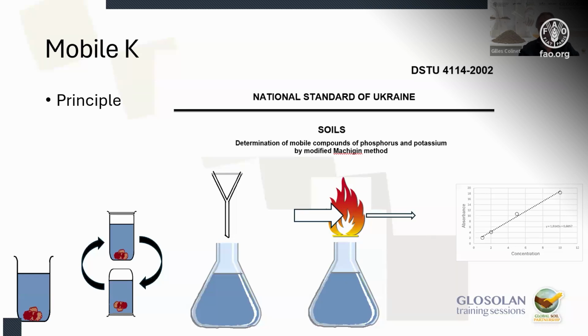And then again, you have a standard, you make a calibration line, and you can transform the absorbance into concentration. So this is absorption. You also have emission, where you don't have a light that is passing through, but it's the potassium which is burning, which is emitting the light that you measure.